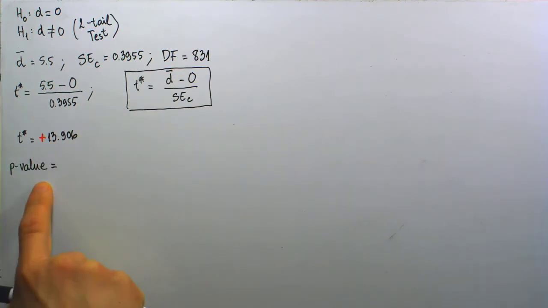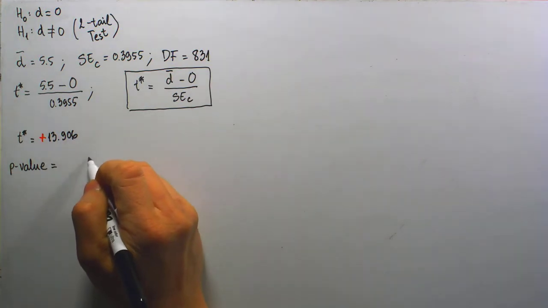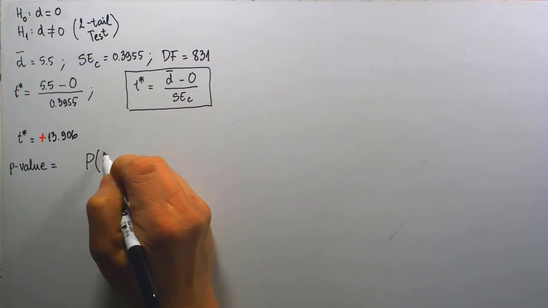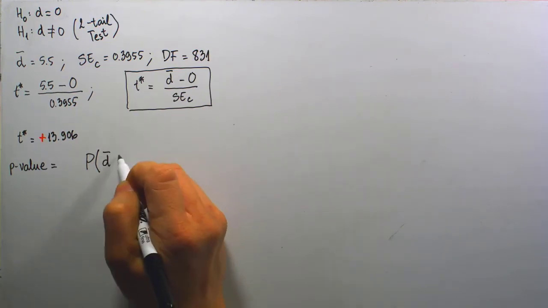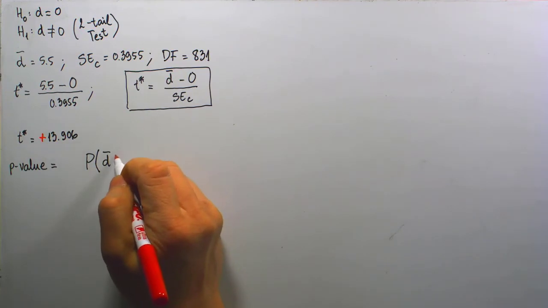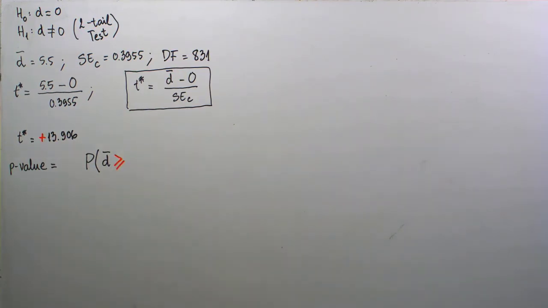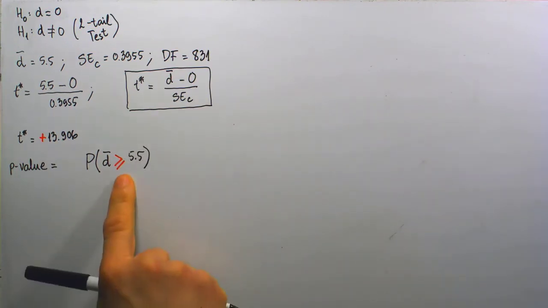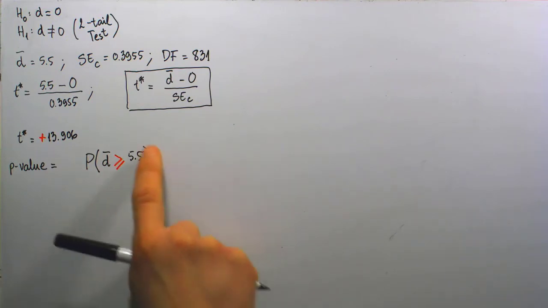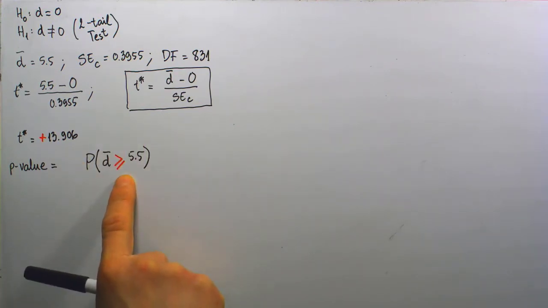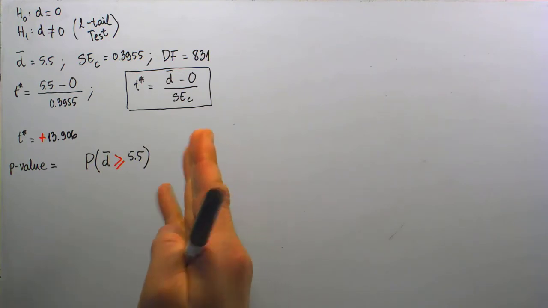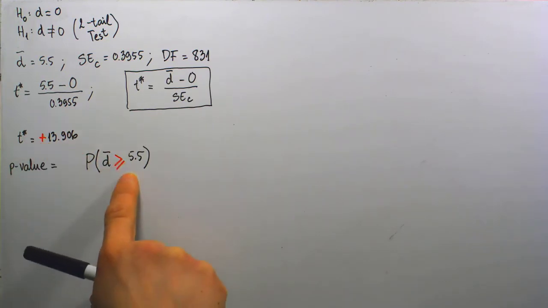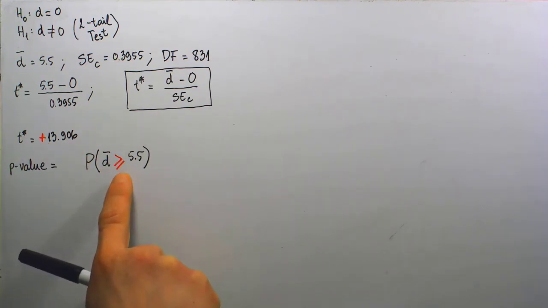To calculate this p-value, I am first going to set up a probability calculation where I'm looking for a d bar among infinitely many other d bars that's greater than or equal to 5.5. I wrote this inequality as a right tail inequality, an inequality that points to the right-hand side, simply because this T star being positive led to using the right tail, or greater than or equal, inequality.